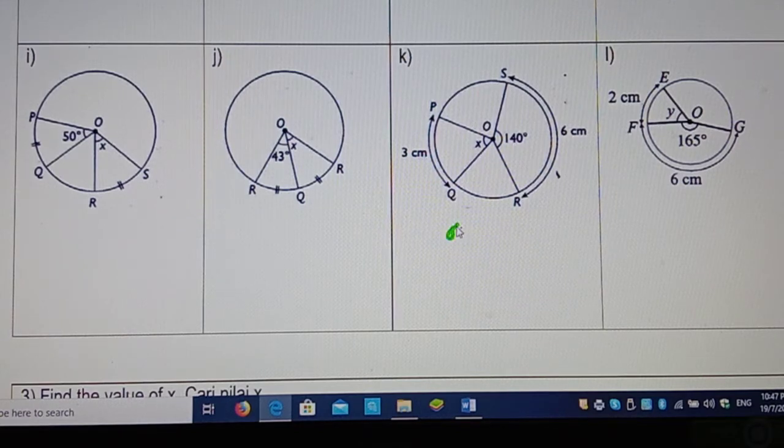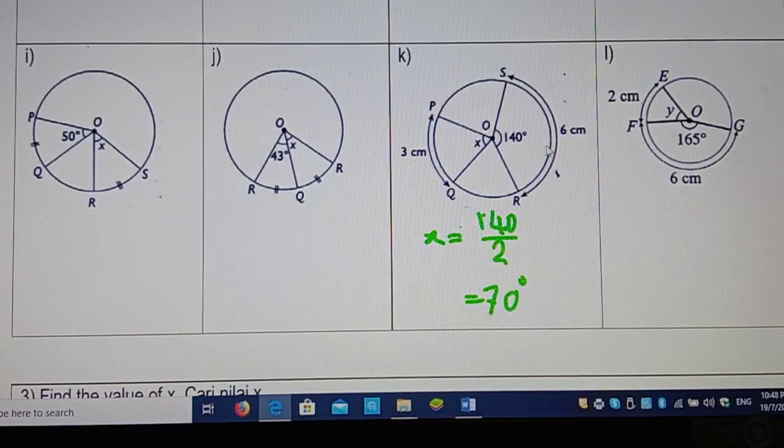So you have x equals 140 divided by 2. So you will get 70 degrees.